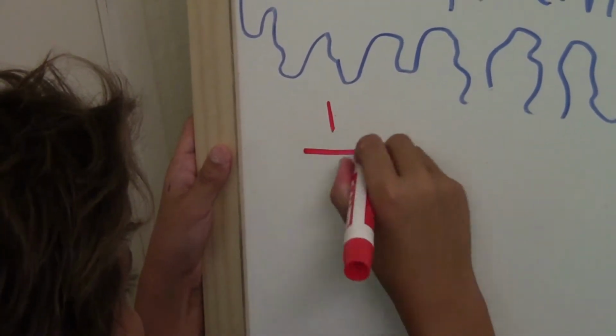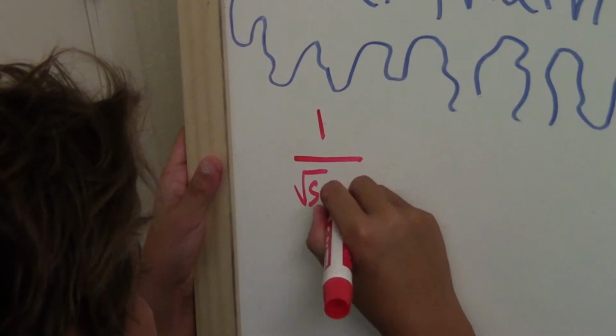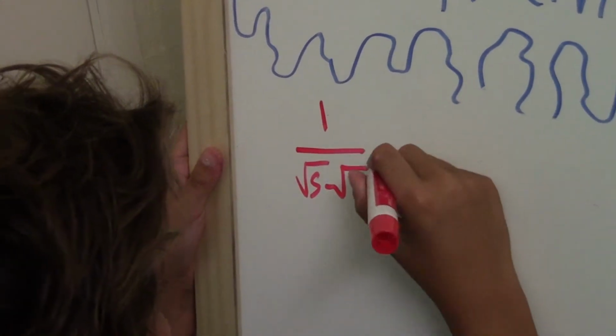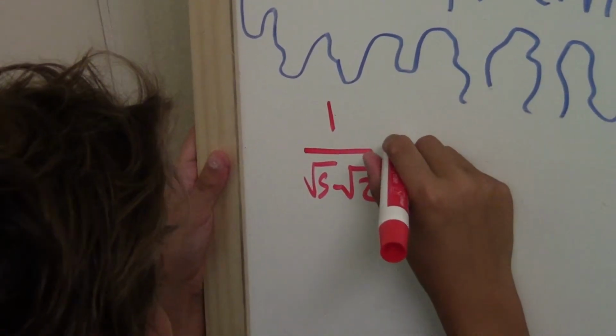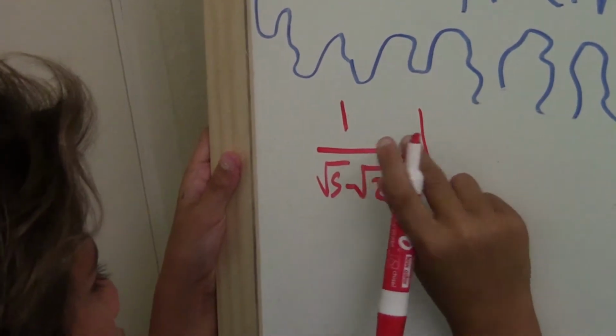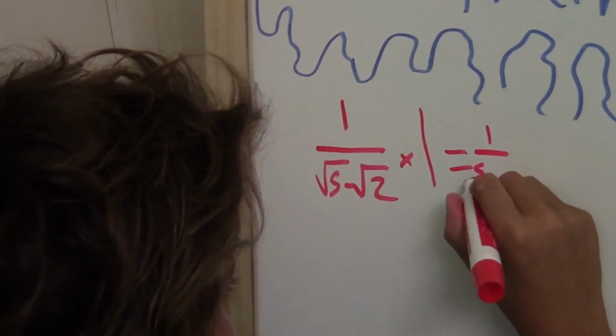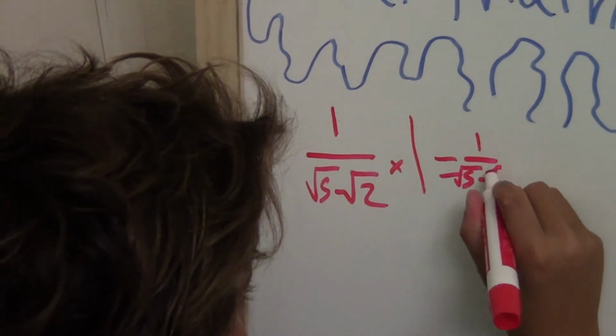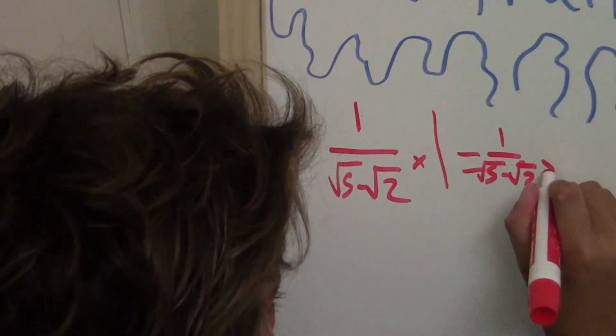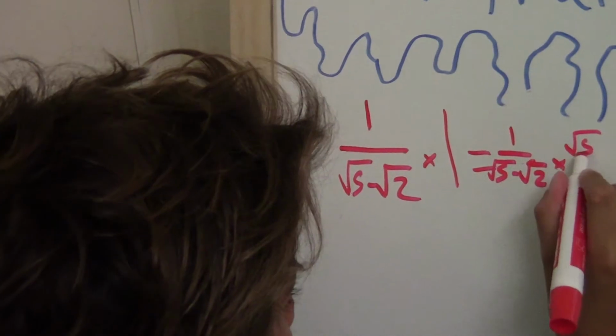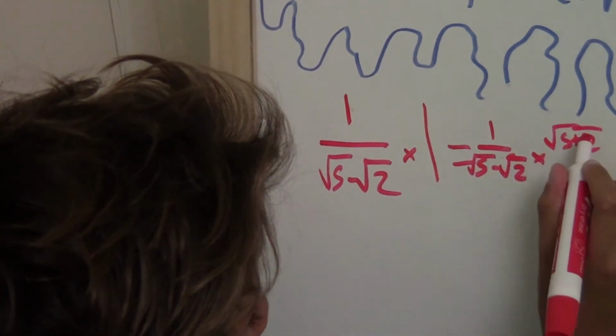One divided by square root of 5 minus square root of 2. Multiply by 1, as you did. Equal 1 divided by square root of 5 minus square root of 2, multiplied by square root of 5 plus square root of 2.